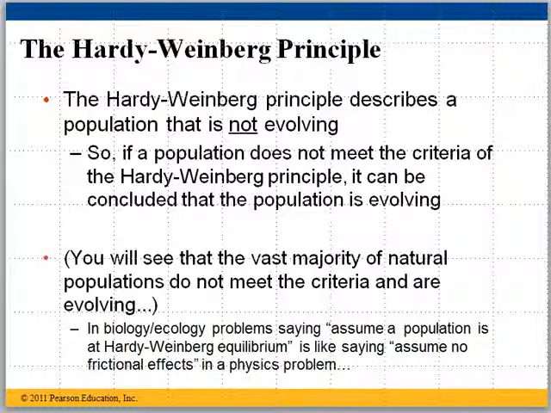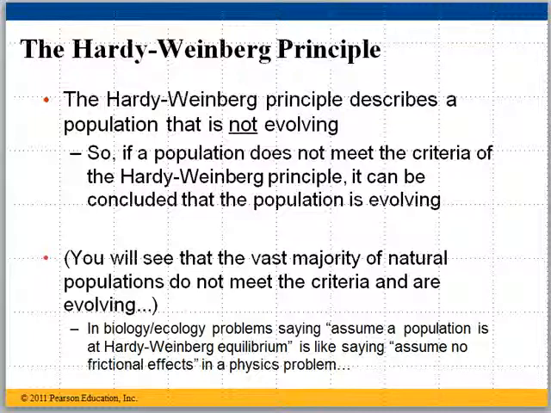That's kind of the equivalent of when your physics teacher tells you to assume no frictional effects when you're working out a physics problem. It's pretty much a setup. It's not reality. So the Hardy-Weinberg equilibrium that we're going to look at, you pretty much never see it in nature. But it is a tool to compare to reality to see how much evolution is going on.